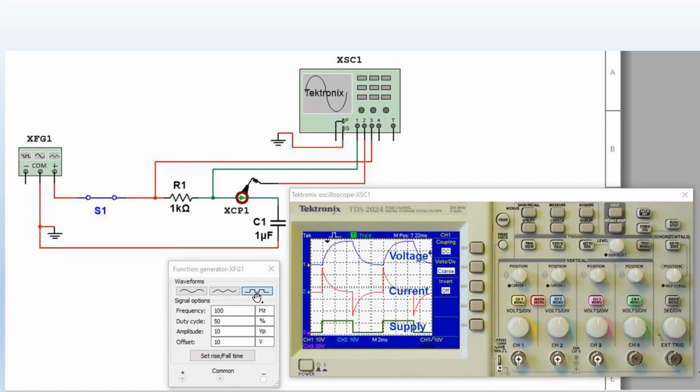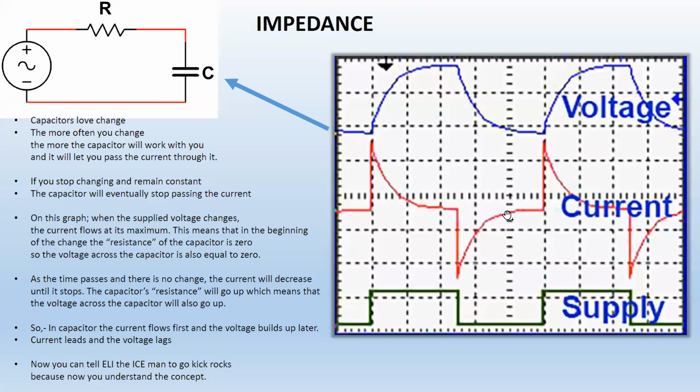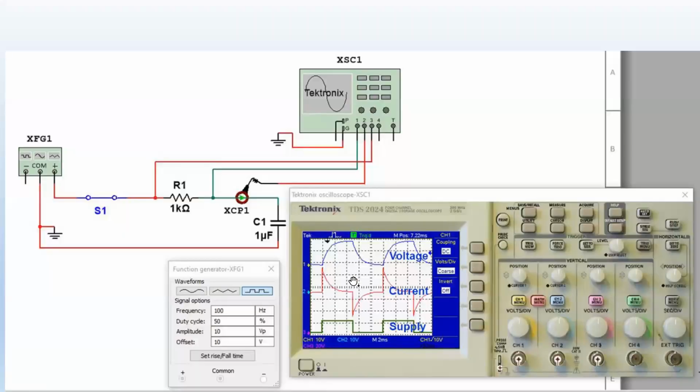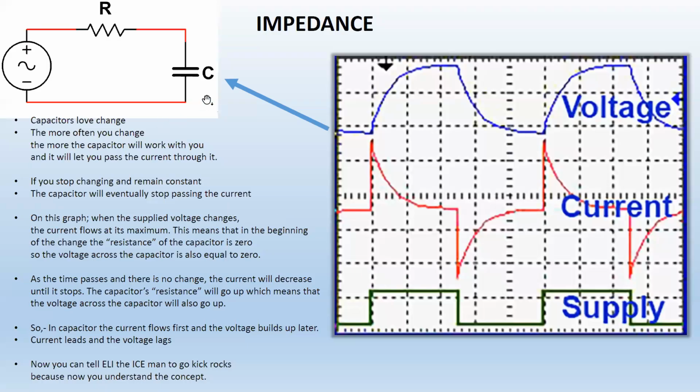I chose a square wave because it gives me the most sudden change. The next slide is going to be this zoomed in so we can see things better. All right, there you go. What's happening at the moment of change? This is the supply voltage right here in the green.